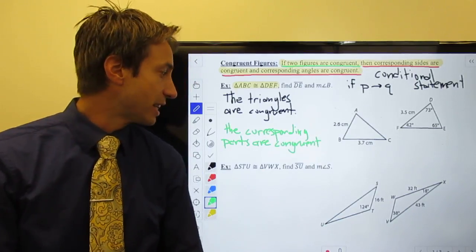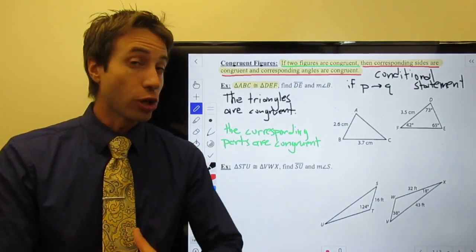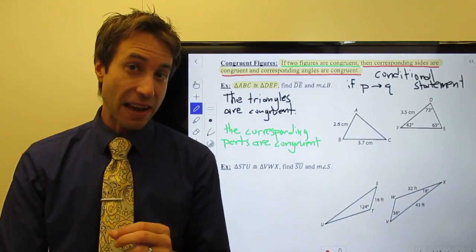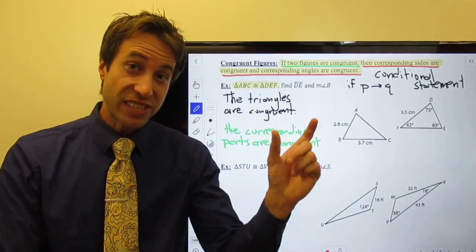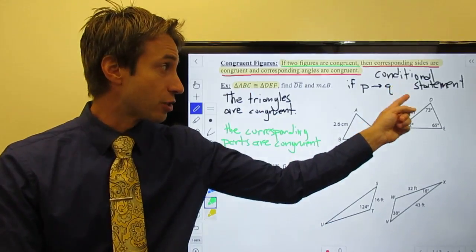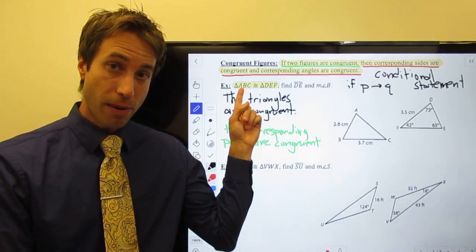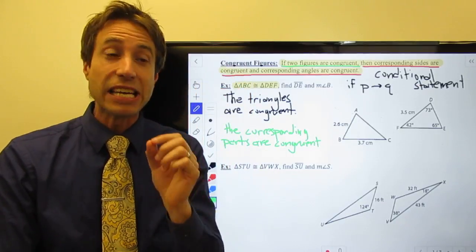Again, I know that's going back a ways, to Chapter 1, Section 4, where we took a look at conditional statements, but that's exactly what we have here for a definition of congruence. If the first part is true, then the second part must be true. What I've done in this first example problem is tell you P, the hypothesis, is true.